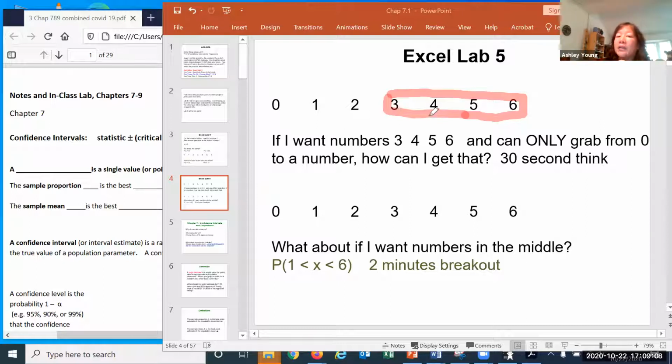So how can I get this red part using the binom dist function and other things, you know, add, subtract, multiply, divide, something like that? Someone take 30 seconds and try to figure that out. How could I, using the binom dist function, which uses from 0 up to a number, find this 3, 4, 5, 6?